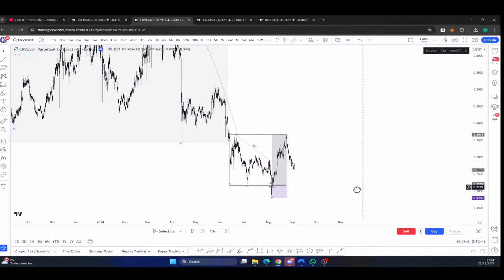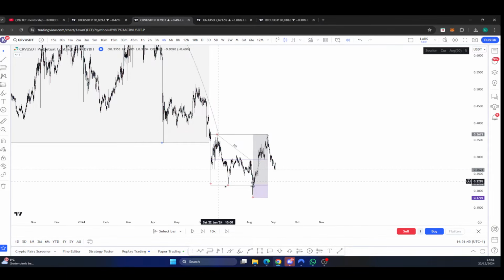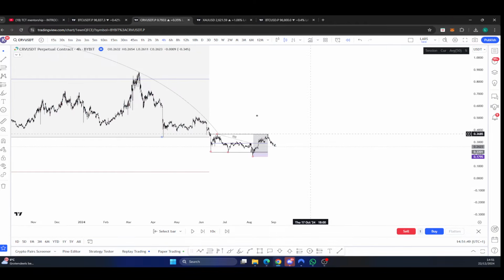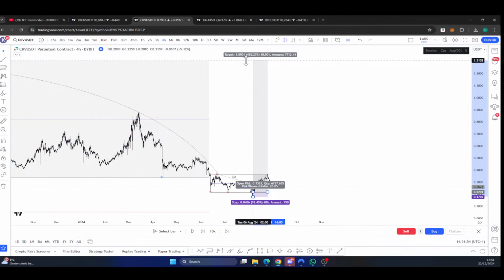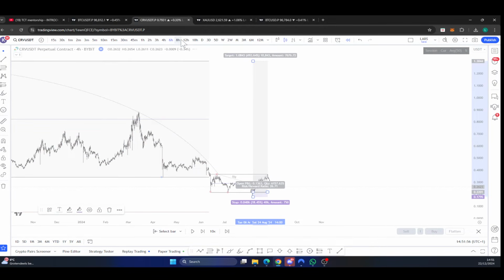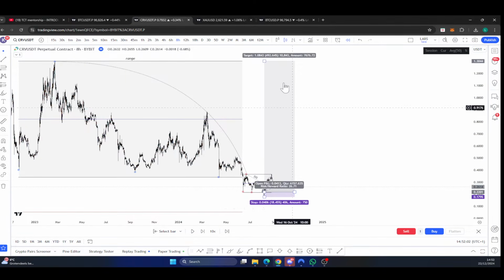However, we know that this manipulation or this accumulation play could be part of the manipulation phase of this macro PO3. So we have the potential to extend our target all the way up towards the range high of our manipulation phase. See how the entry is the exact same, you just extend your target.